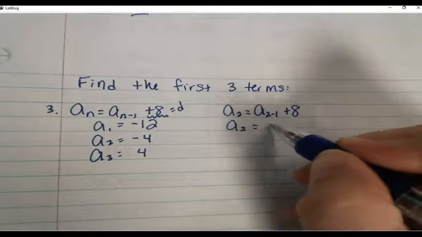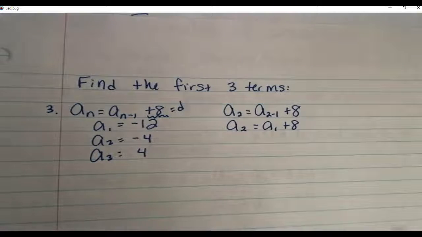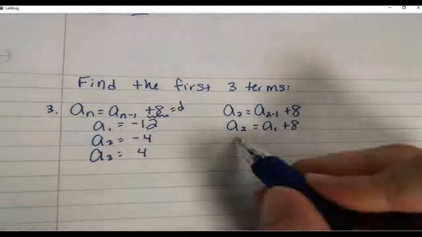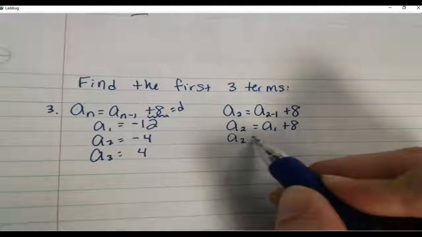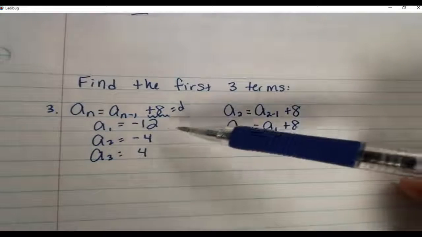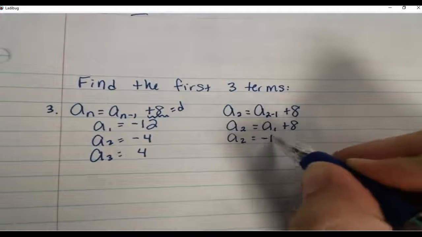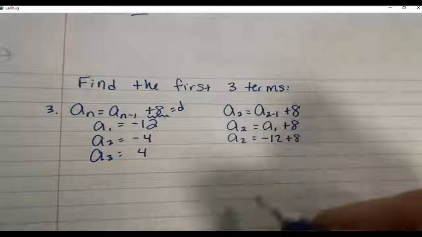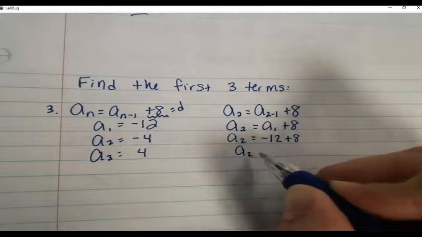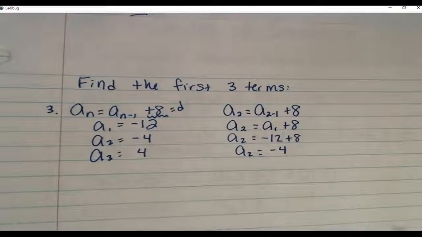So a sub 2 equals a sub 1 plus 8. What does a sub 1 equal? It told me. Negative 12. So if I plug in negative 12 plus 8, I get negative 4.